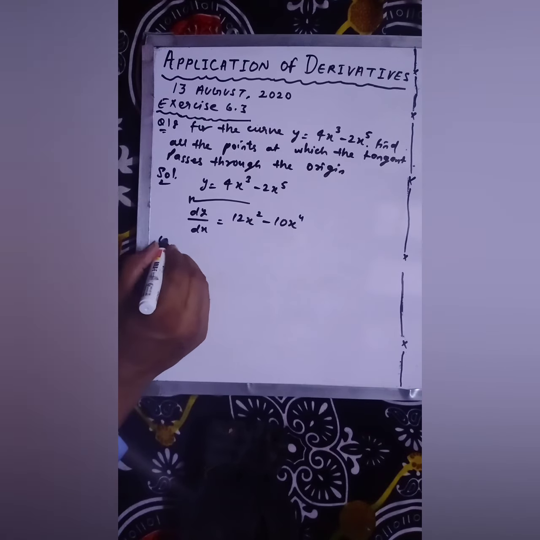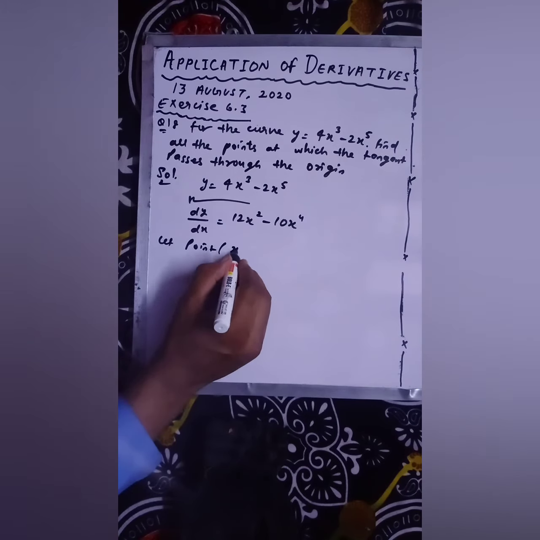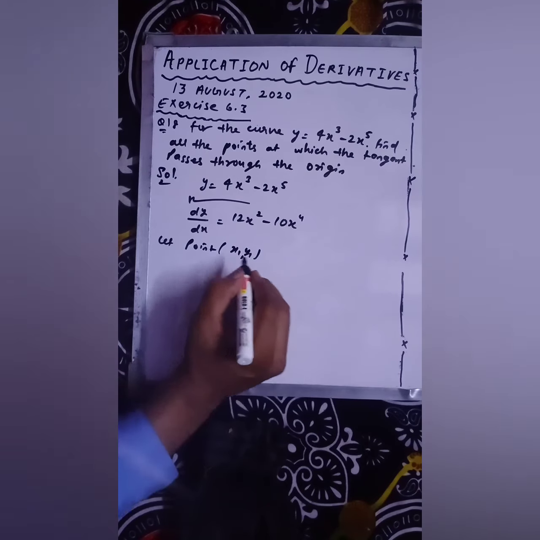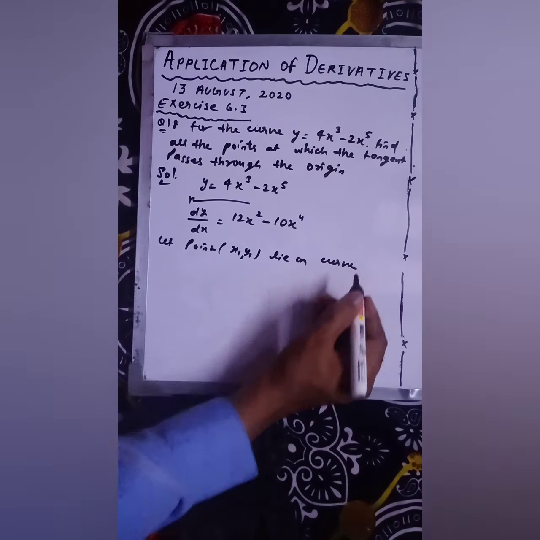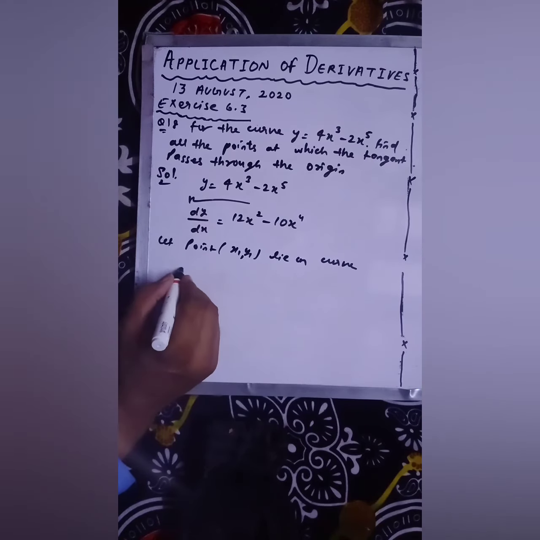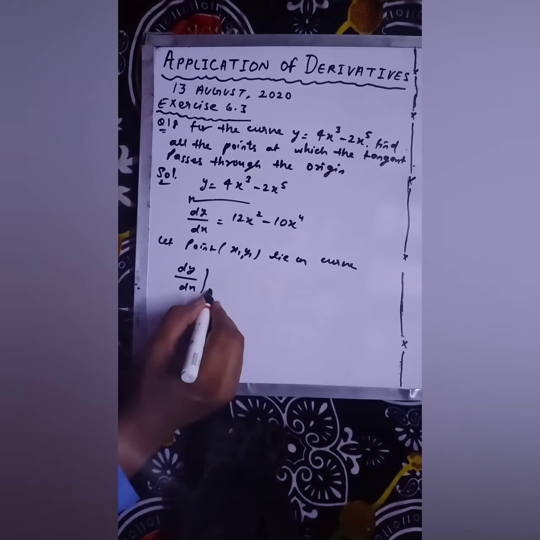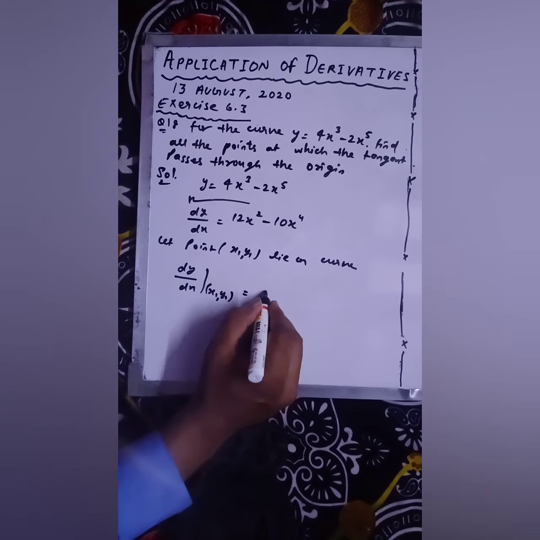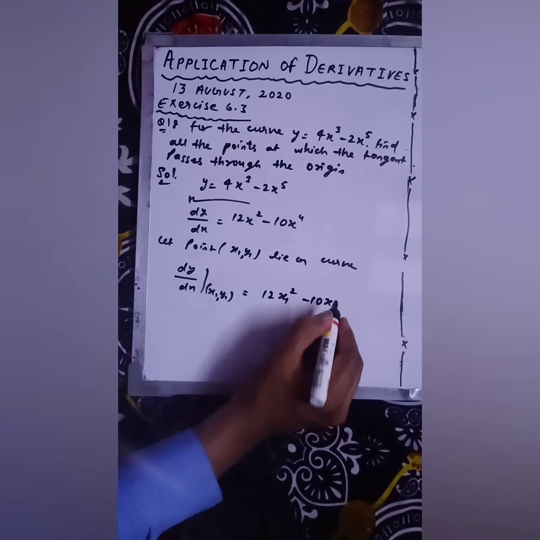So let the point x1, y1 lie on the curve. On this curve, we are finding the slope at this point. So this will be 12 x1 square minus 4.